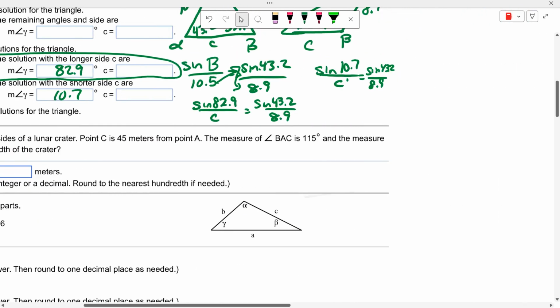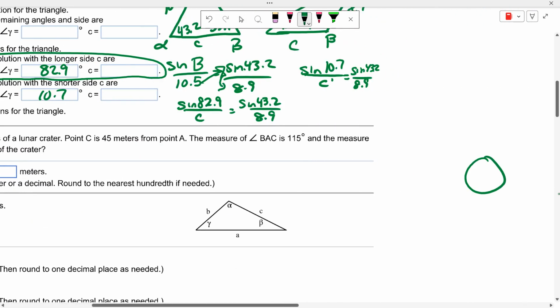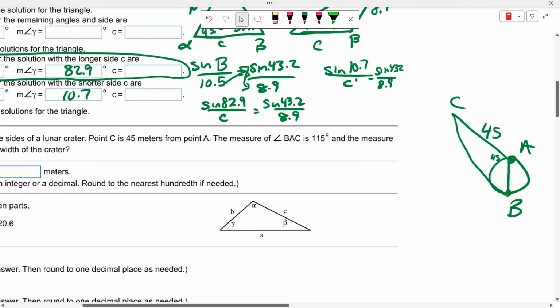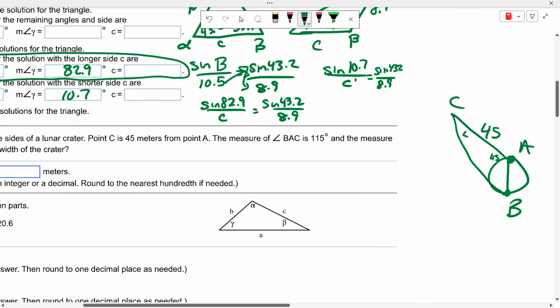Lunar crater problem. There's an A. There's a B. There's an obtuse angle. BAC is 115. This is 45 meters away. And this angle up here is 40.